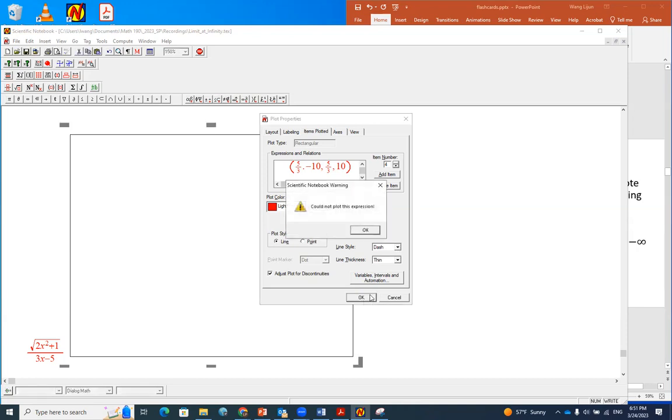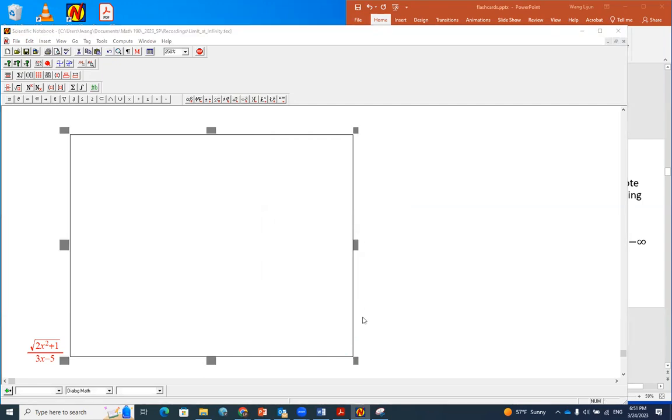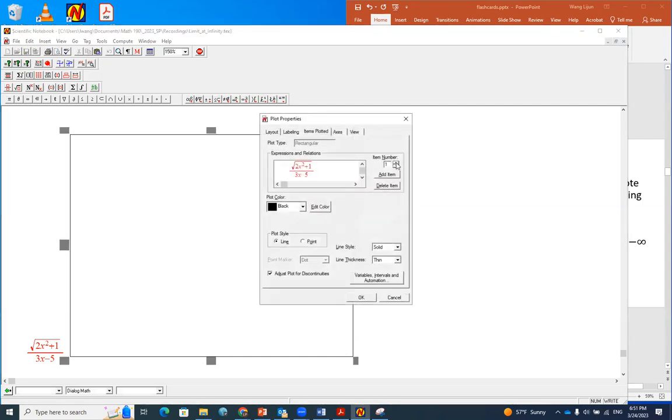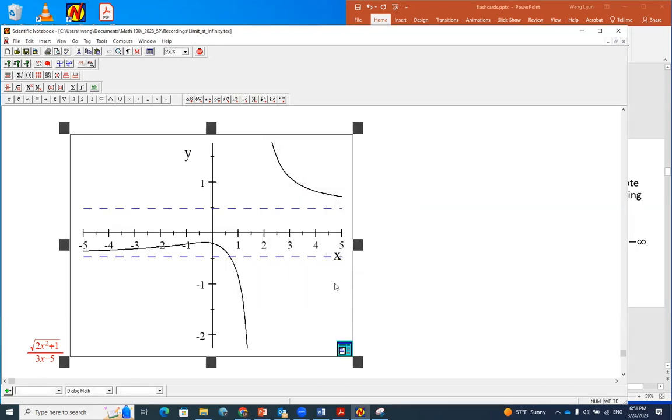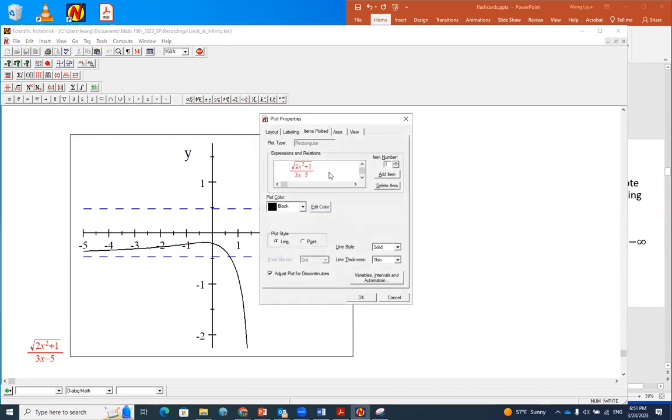Dash. Cannot plot this expression. Oh, cannot plot that expression. Delete, see what happens. Okay, it used to work.